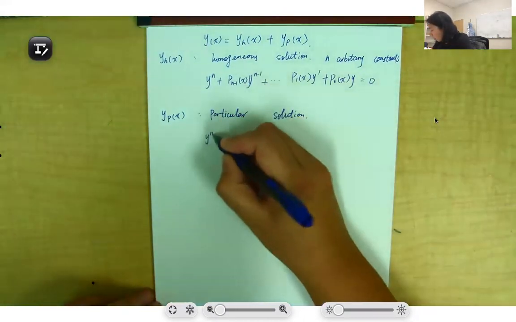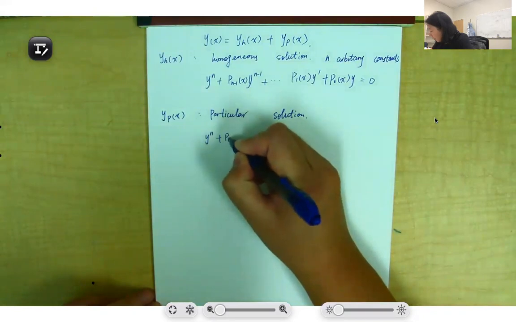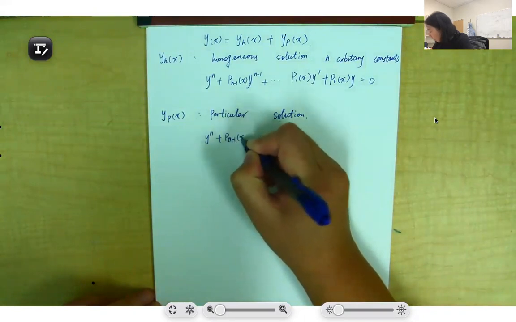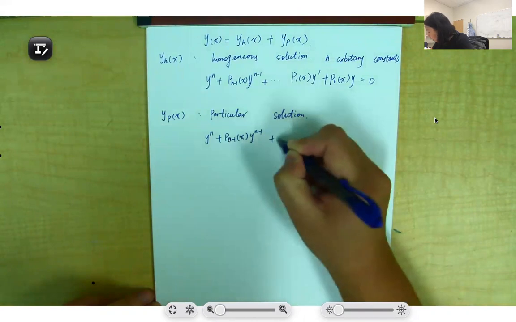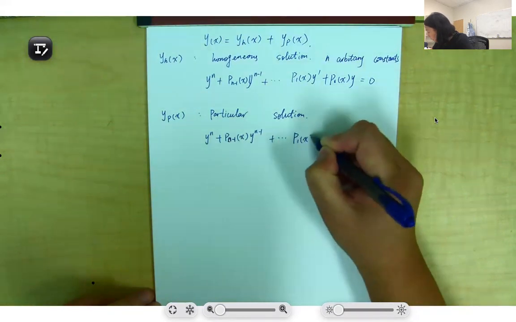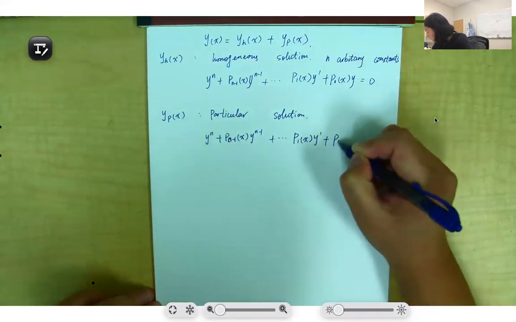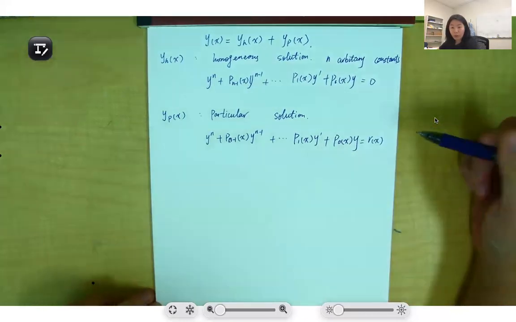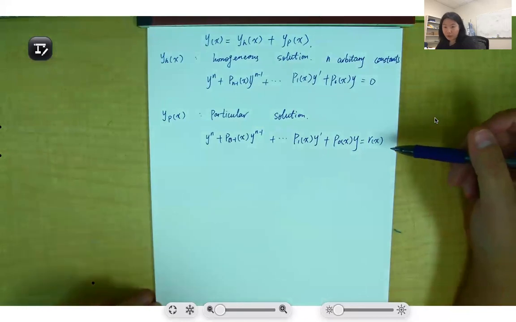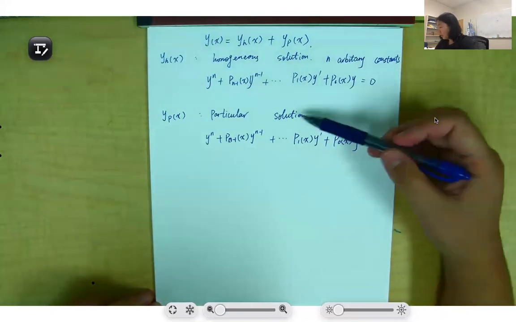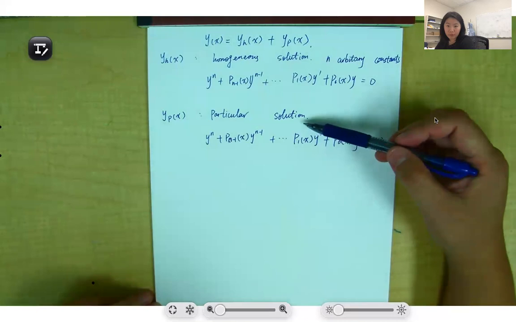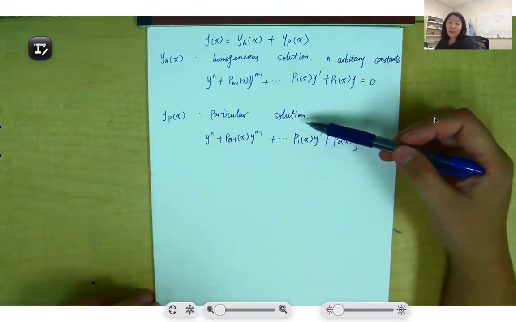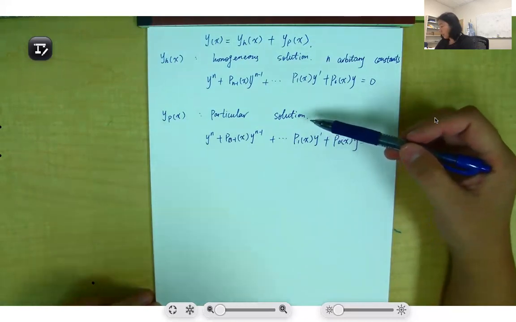So it's y^(n) plus p_(n-1)(x) y^(n-1) plus dot dot dot p_1(x) y prime plus p_0(x) y equals the forcing function. When the forcing function is not 0, we can get the particular solution, which usually doesn't contain an arbitrary constant.